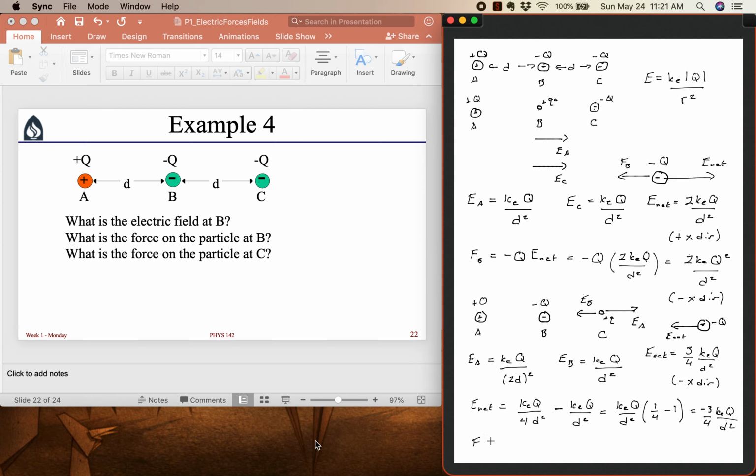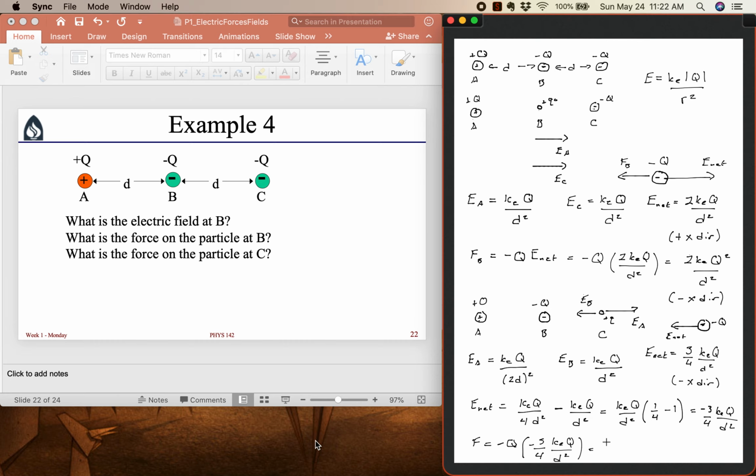And so then the force is equal to the charge, which is -q, times the electric field. And the electric field is, as we found here, going in the negative x direction. So I'll put in a -3/4 KeQ over d squared.